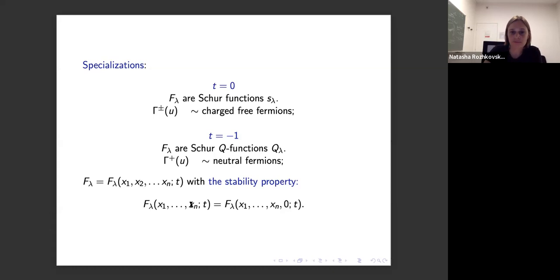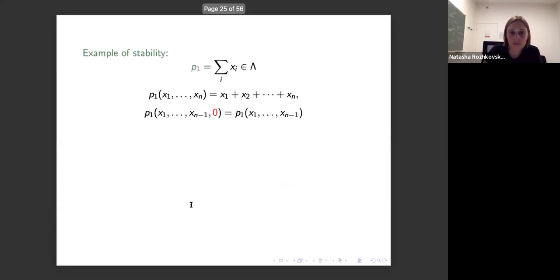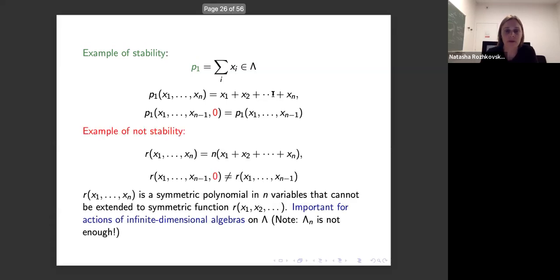So for example, let us take the first power sum, just the sum of variables. If we take n of them and make the last one 0, it's the same as to take n-1 of them. So here is an example of stability.